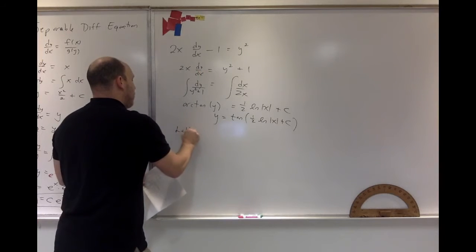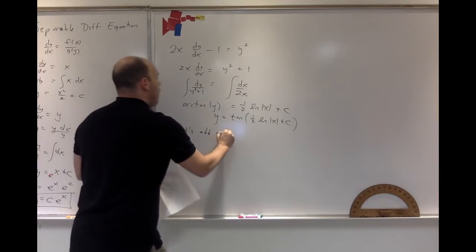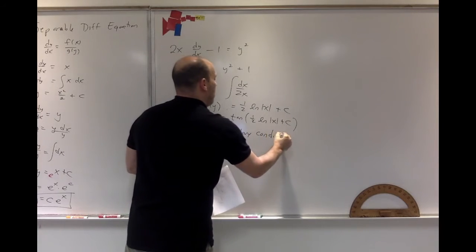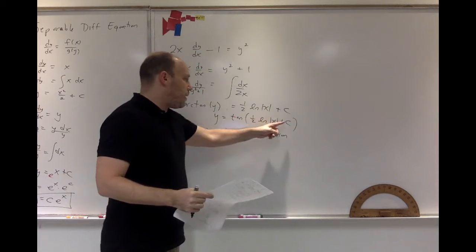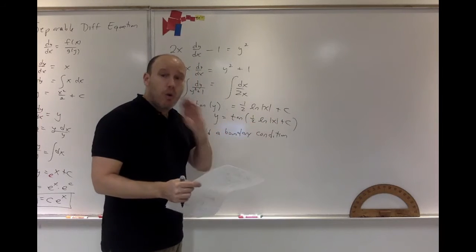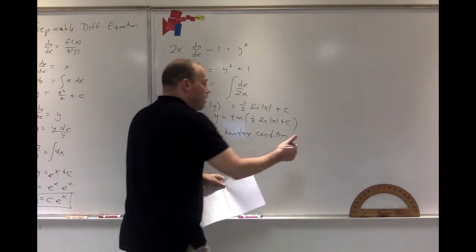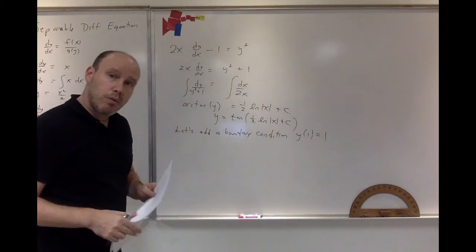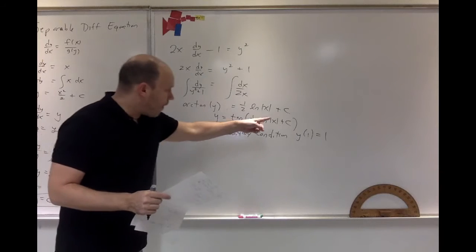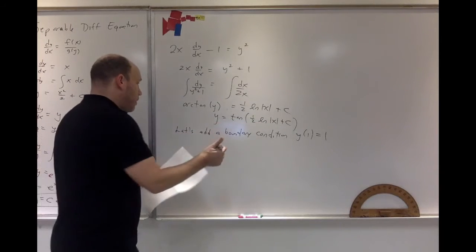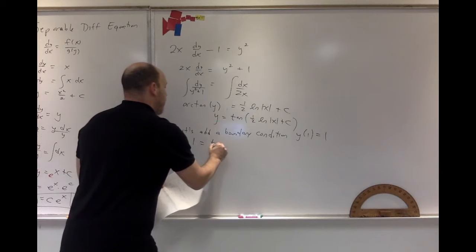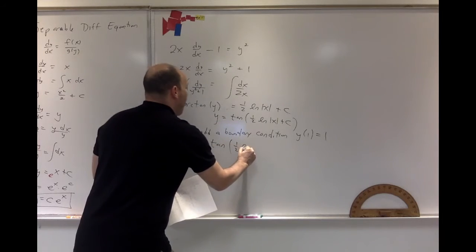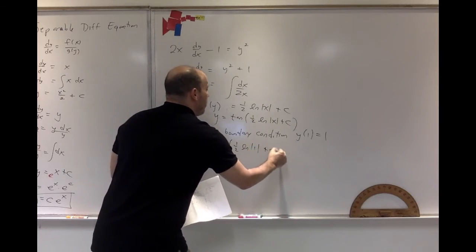Now, let's add in a boundary condition, because I want you to see how this plays out, how we figure out the c. I'm going to tell you that y of 1 equals 1. That's the boundary, because I want to find that c. So, let's see. 1 is equal to the tangent of 1/2 ln of 1 plus c.